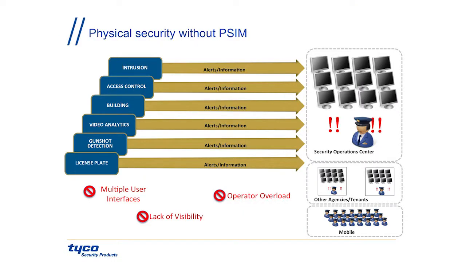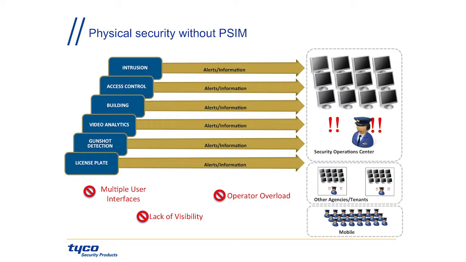So let's take a look at the world today before physical security information management is in place, PSIM. We have a variety of different systems: intrusion, access control, building management systems, video analytics, and so on. All of these systems have separate interfaces, and information from these systems is coming at our operators from all of these different systems.